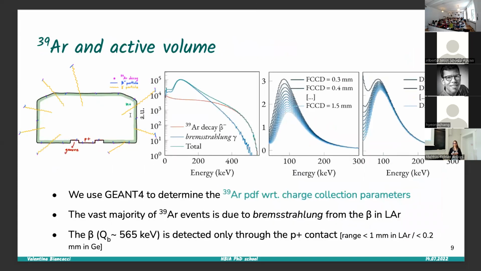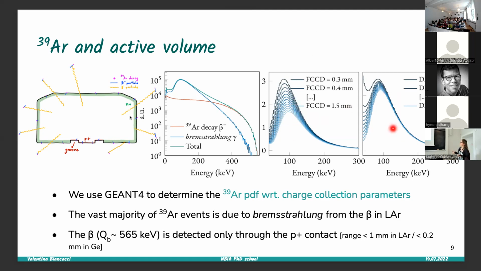Why did I introduce the active volume? Because we realized that the argon-39 shape is very affected by the active volume model. As you can see here, just changing the value of the FCCD, which stands for full charge collection depth, so the entire thickness where the volume is not active, the shape changes a lot.